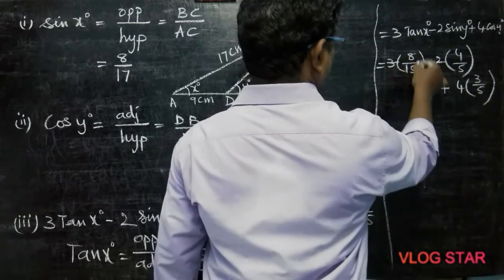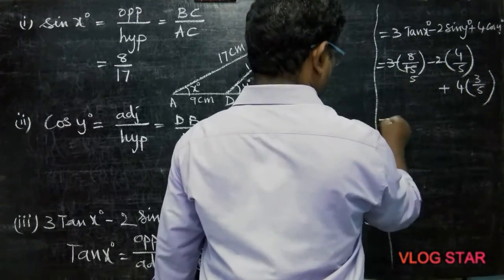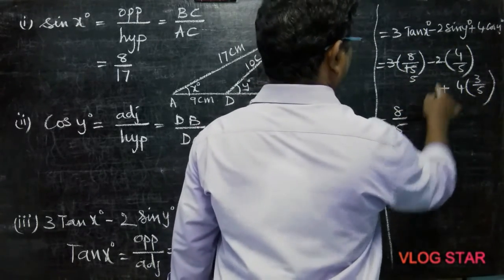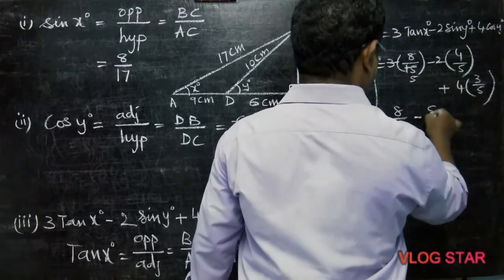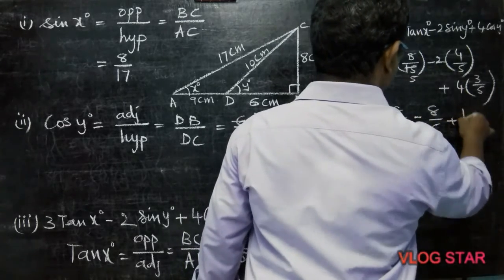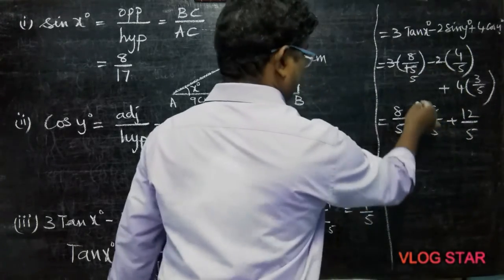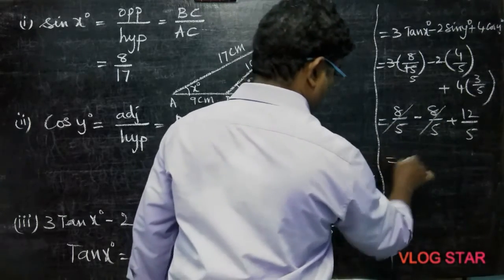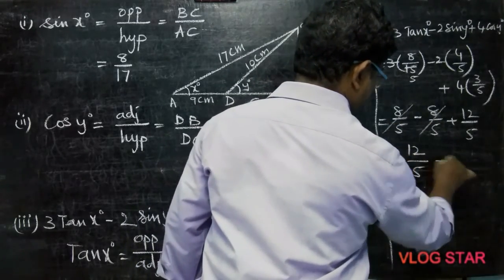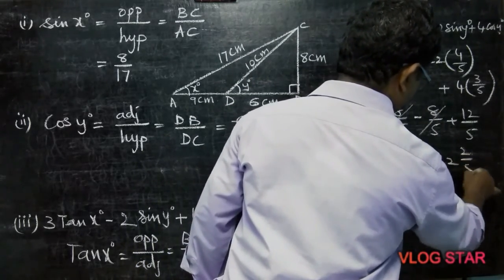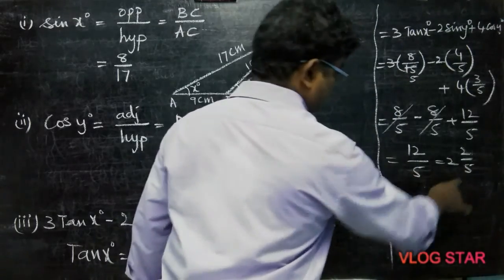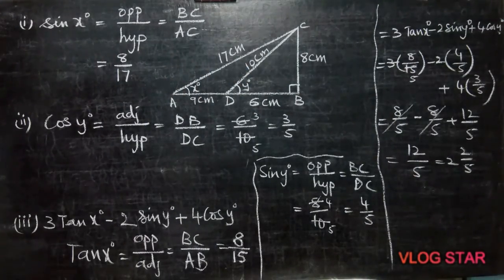Simplify. 3 goes in 15 5 times. So 8 by 5 minus 2 4s are 8, 8 by 5, plus 12 by 5. Plus 8 by 5 and minus 8 by 5 get cancelled. 12 by 5, that is equal to 2 by 5. This is improper, make it into a mixed fraction. This is the way of solving.